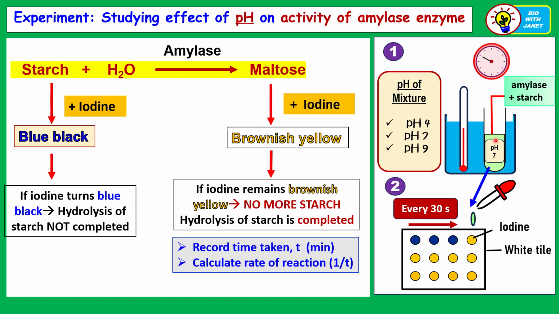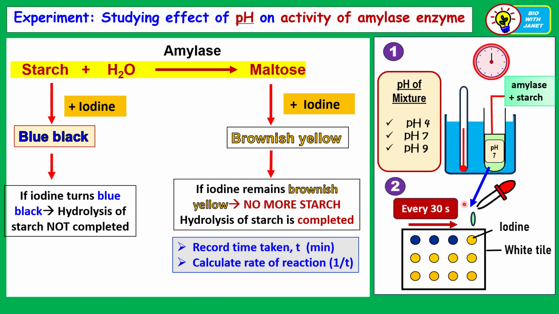We mix together the amylase and starch and also a buffer solution, say buffer solution at pH 7. Then at the same time, we immerse this test tube in a water bath at a temperature of 37 degrees Celsius, which is the optimum temperature for the enzyme to function at the highest rate.